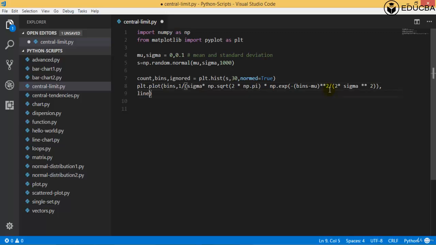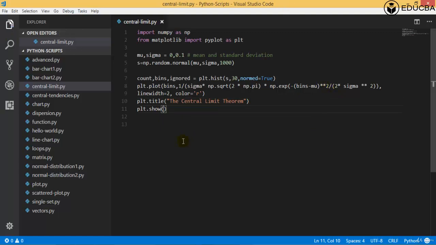Starting with linewidth equal to 2, color as red, and then comes the definition for the title, represented over here as plt.title with the value as the central limit theorem, and after that comes plt.show.